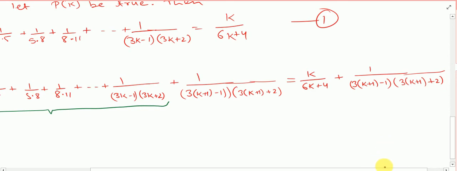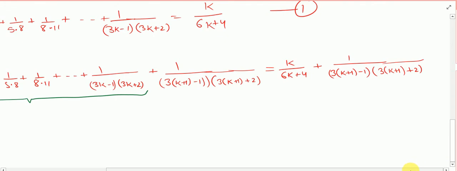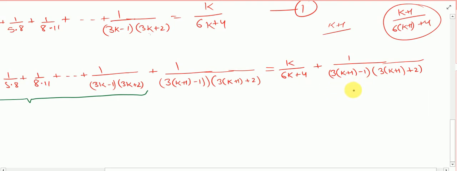Actually here you can see that for pk, the right hand side we are getting k upon 6k plus 4. So for k plus 1 we should be getting k plus 1 upon 6 times k plus 1 plus 4. So whatever you have written on the right hand side you should simplify, and at the end you should be able to get this.